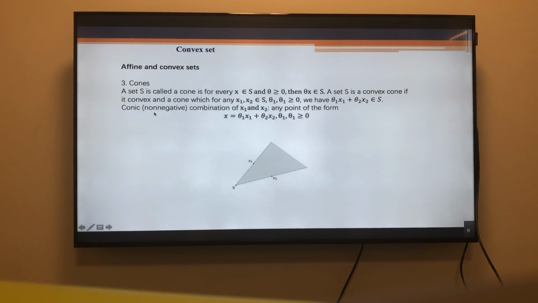There is a conic combination of x1 and x2, which is any point of the form x equals theta 1 x1 plus theta 2 x2. So this is the form, and we can also see an example graph of the cones.